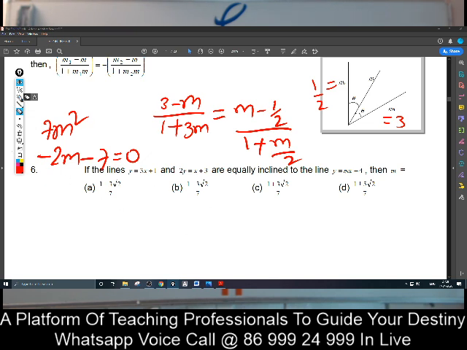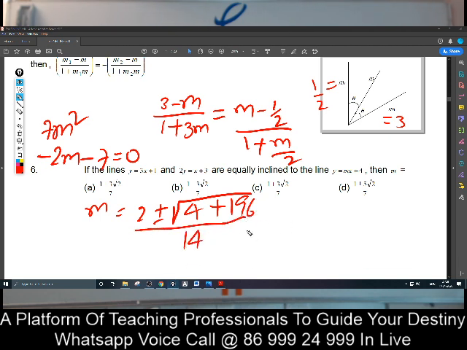Shiva, do you tell me the answer? Minus b plus or minus root over b square minus 4ac by 2m means 14. So it becomes 1 plus or minus root, please do it.